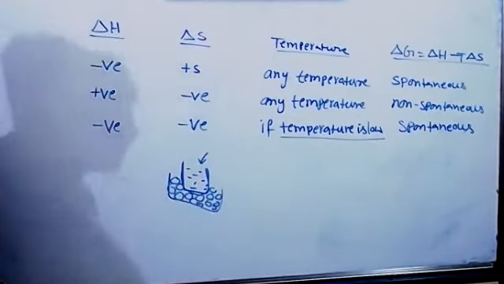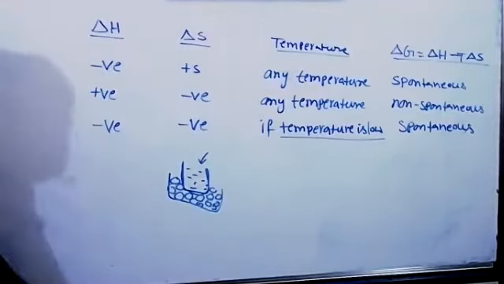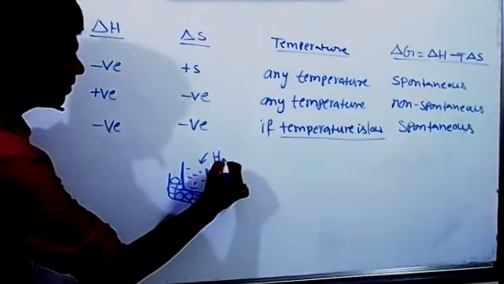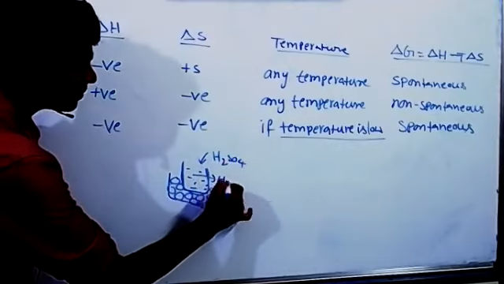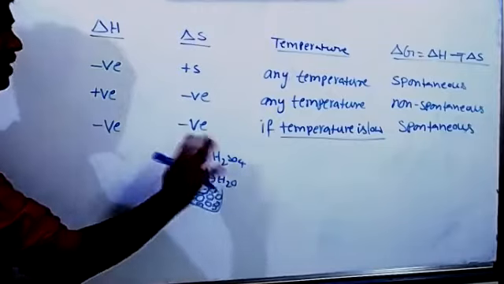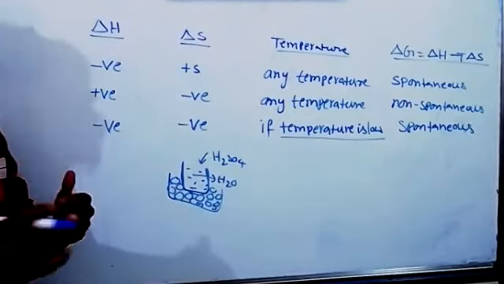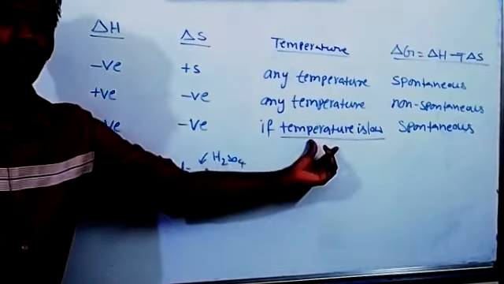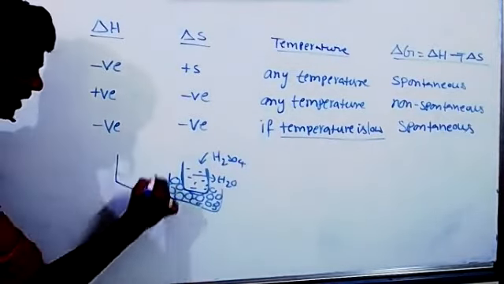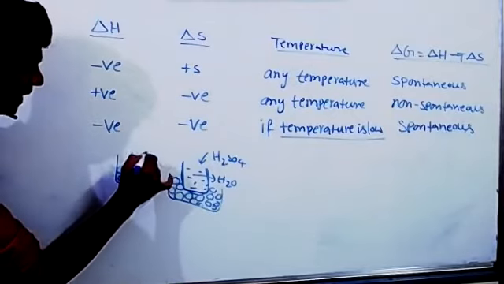The addition of H2SO4 to water is an exothermic process. For the process to be spontaneous, meaning to carry out smoothly, we need to maintain low temperature. That's why we use an ice bath. Same, we use an ice bath while preparing NaOH solution also.